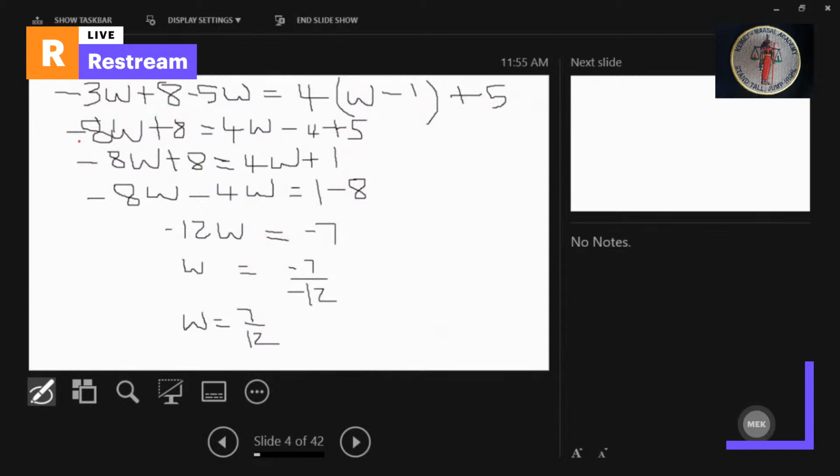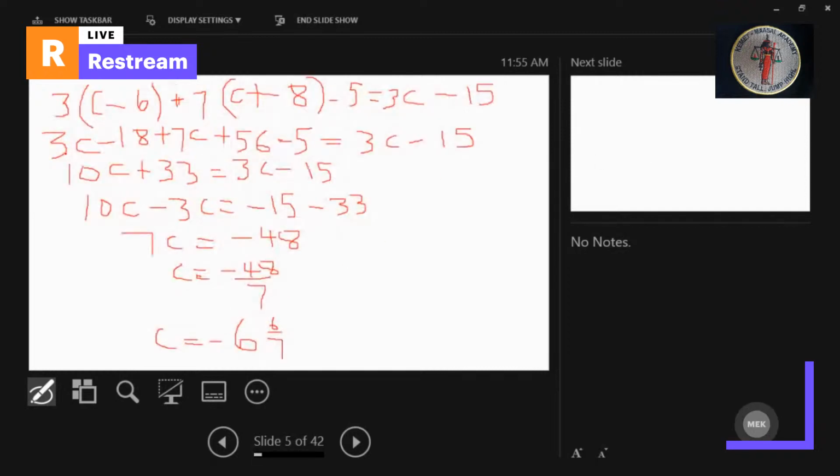So this is the simplified version of it. Now we bring over the 4W, it becomes minus 4W. So negative 8W minus 4W is negative 12W. And we brought over the 8 to be with the 1, it becomes a minus 8 because it was positive on the left. So that's negative 7. And negative divided by negative is positive.